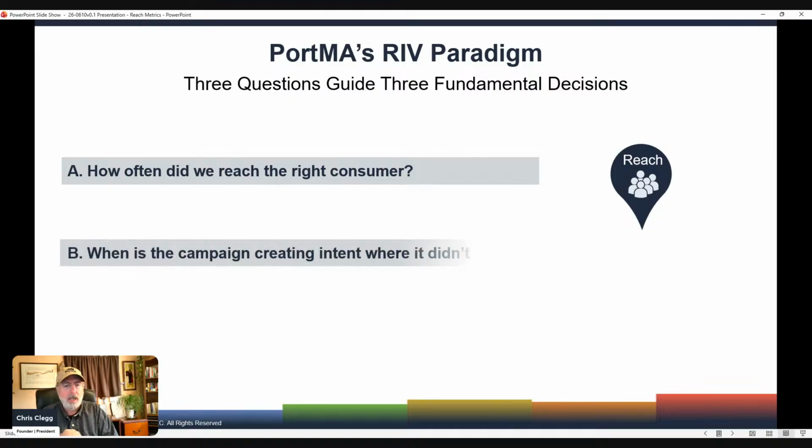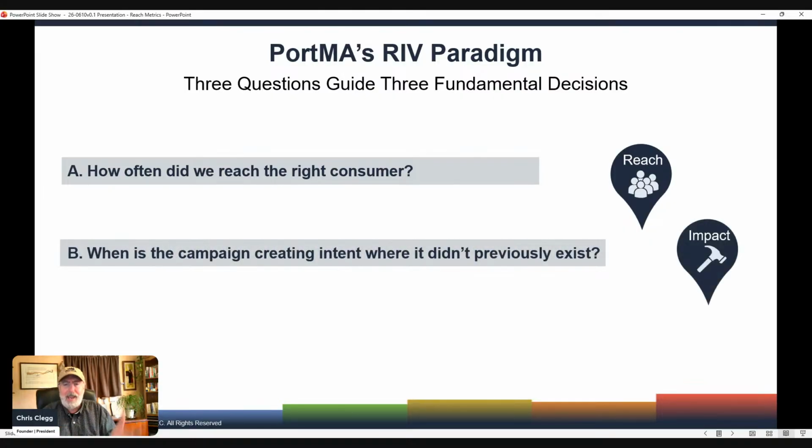The second question is this idea of, when is the campaign creating intent where it didn't previously exist? You've got to get some kind of impact measure, some kind of leading indicator of sales, or something that shows you how you've moved people through the purchase cycle in a way that's going to lead to a revenue generating event. There's lots of ways to measure that and to do it very simply. And that's a key part of the formula, but not what we'll focus on too much today.